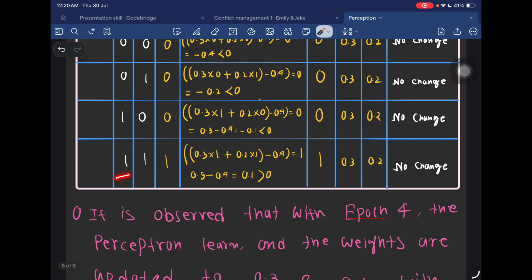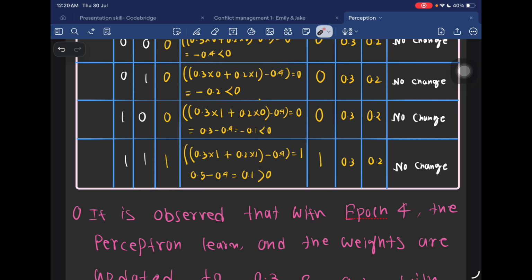Our last feature is 1 and 1. The first feature weight is 0.3, and we multiply it with the feature, then a plus symbol. Then the second weight 0.2 is multiplied with the second feature 1, minus 0.4, which is our bias. The result is 0.5 minus 0.4 equals 0.1, which is greater than 0, so we write 1.